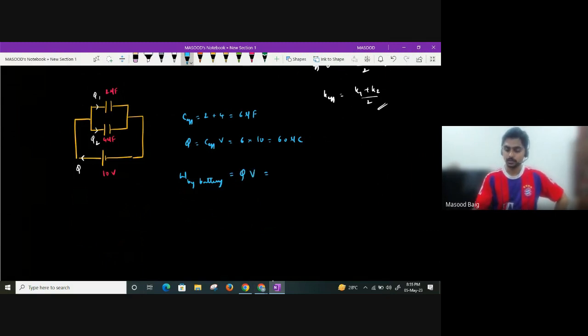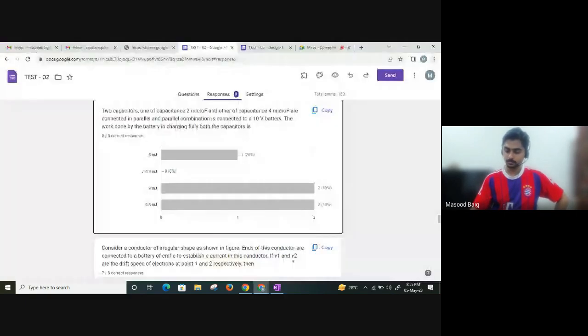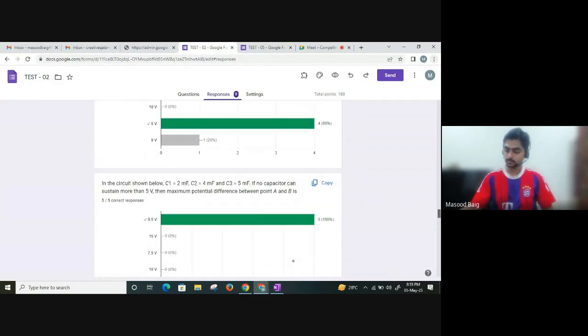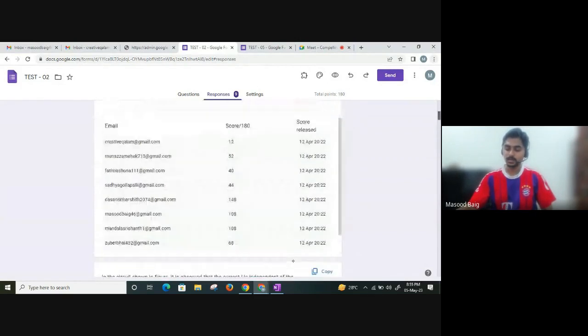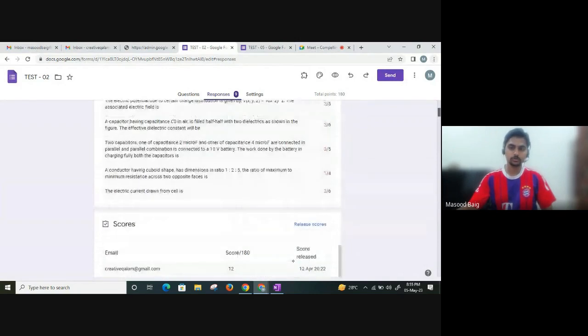Charge given is 60 microcoulomb into 10 volt. So I'll get 600 microjoules, which can be taken as 0.6 millijoules. Clear? Understood? Very important case. Work done by battery will always be charge given by the battery into potential difference.